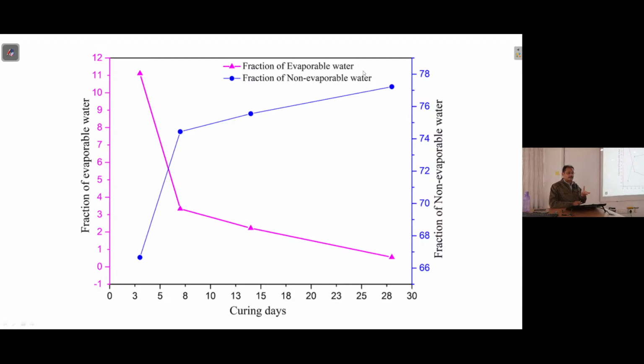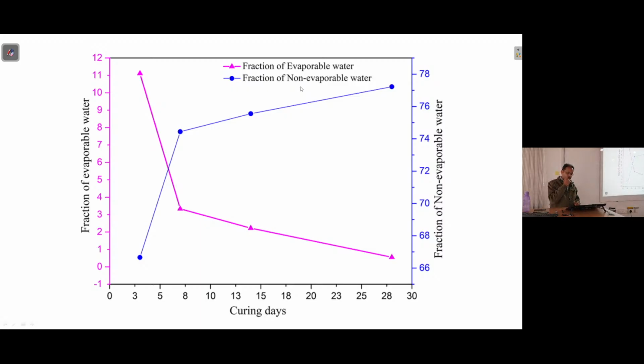It has some amount of water which, if you heat up, can be evaporated. At a moderate heating, not going to very high temperatures, this evaporable portion will leave the material. But this non-evaporable fraction is closely knit into it.